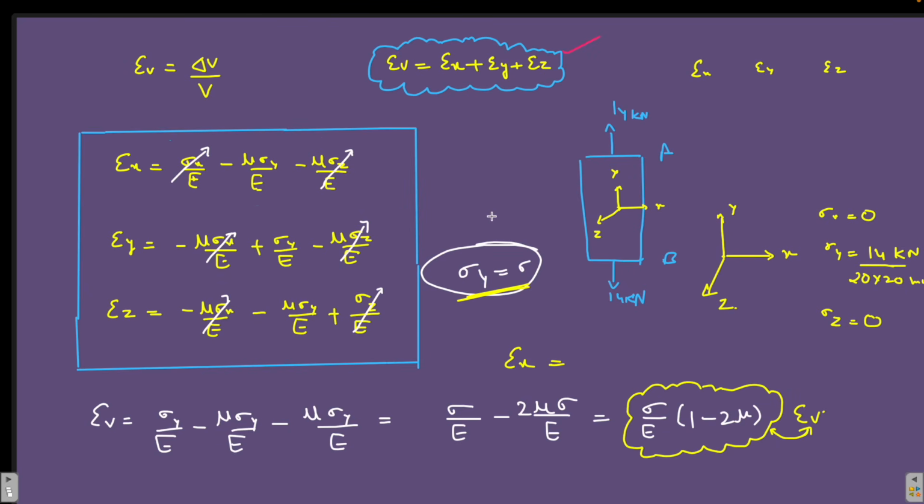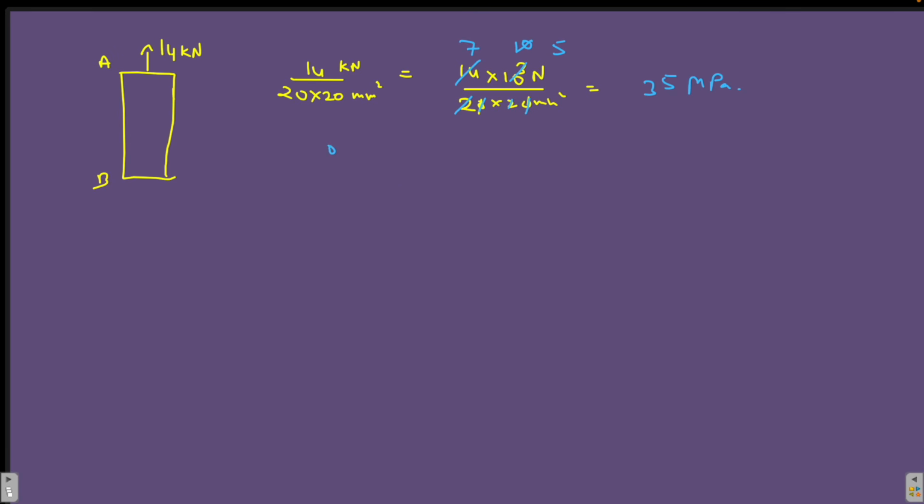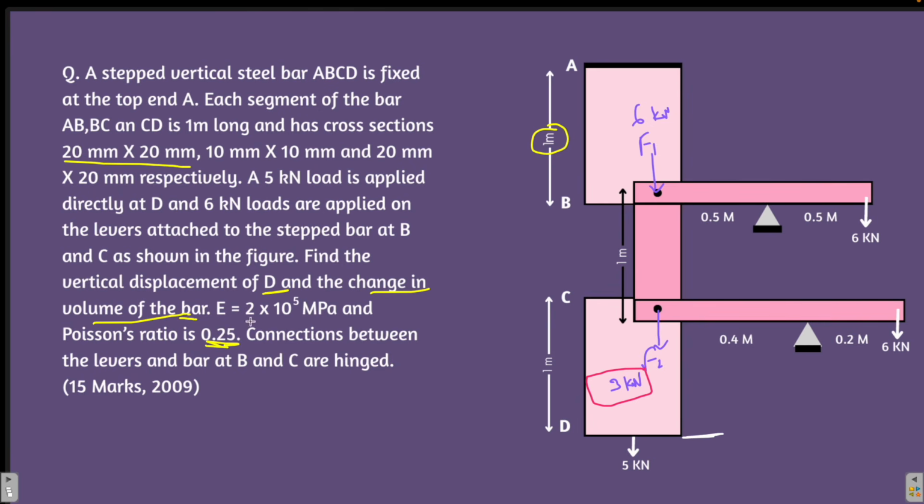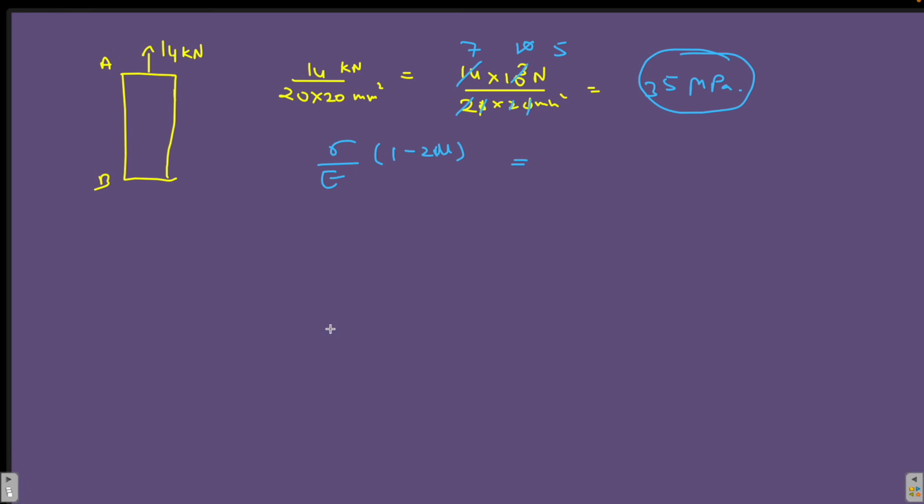So what will be sigma by E into 1 minus 2 mu? We have to find that out. Why have we converted this into megapascals? Because E is given to us in megapascals. E is 2 into 10 to the power 5 MPa. So it is 35 by 2 into 10 to the power 5, into 1 minus 2, and what is the value of mu given to us?